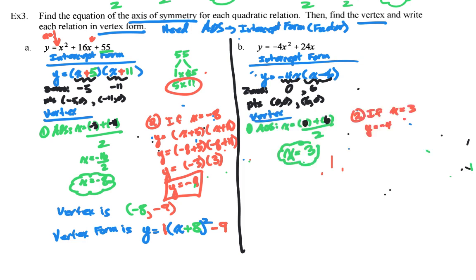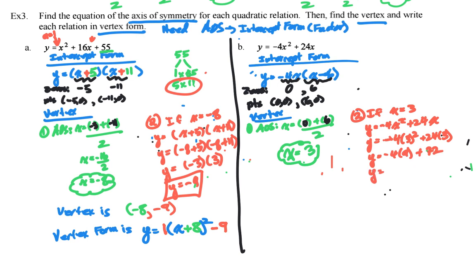So just like before, our axis of symmetry was calculated the same, but this time, instead of using our factored form, you could use the original, -4x squared plus 24x, and just substitute what we know. So we end up with y is equal to -4 times 9 plus 24 times 3, which is 72.